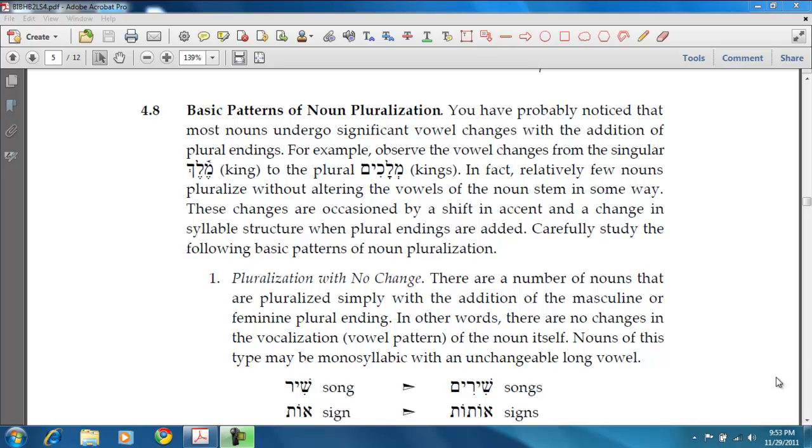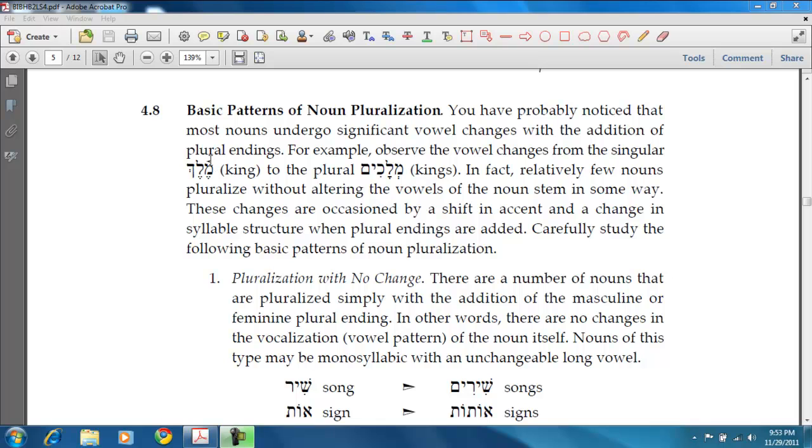So let's go a little bit further into the basic patterns of noun pluralization. You probably noticed that most nouns undergo significant vowel changes with the addition of plural endings. For example, we can observe the vowel changes from the singular melech, which is a segolate noun.